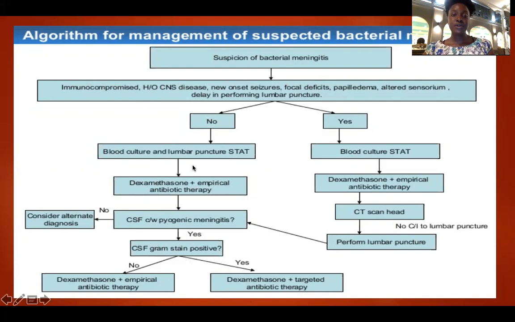If positive, the patient is started on dexamethasone and antibiotics. If the CSF is consistent with meningococcal meningitis, regardless of whether the CSF stains positive for Gram stain or not, the treatment is continued. However, if the CSF is not consistent with pyogenic meningitis, an alternate diagnosis is considered.